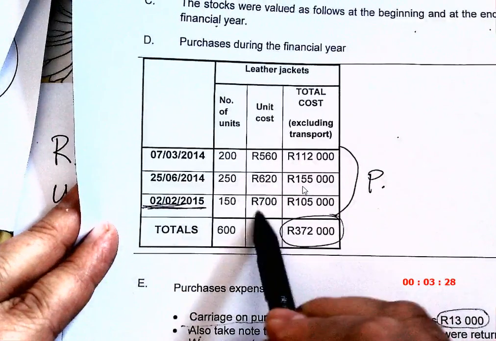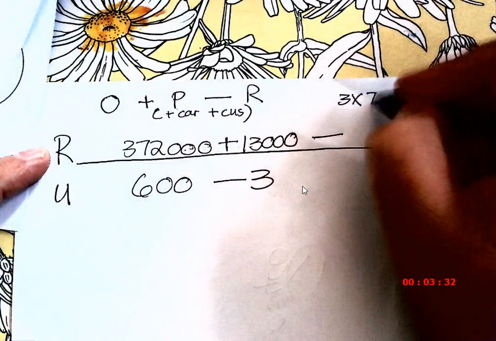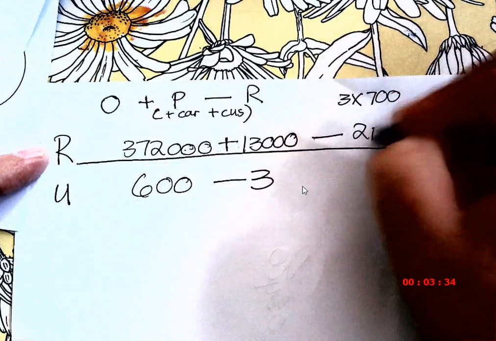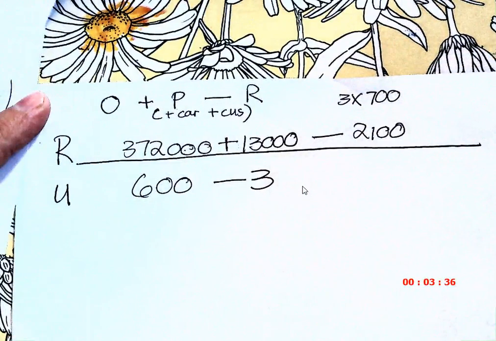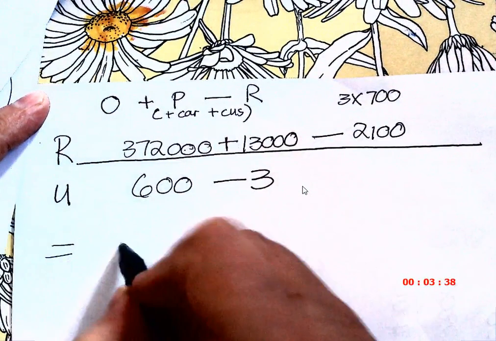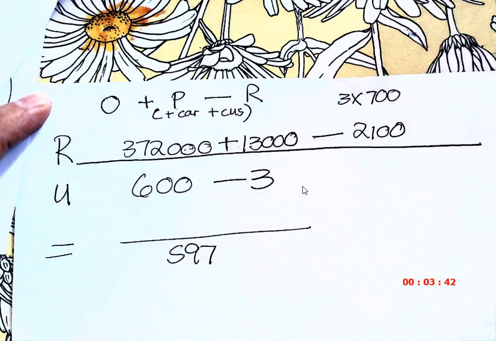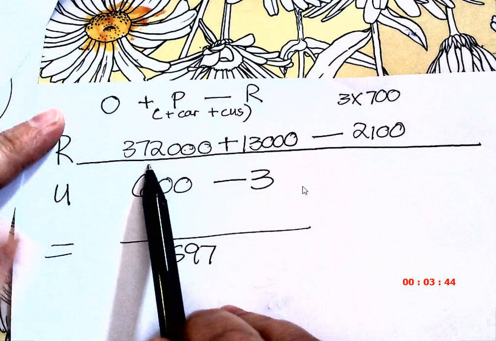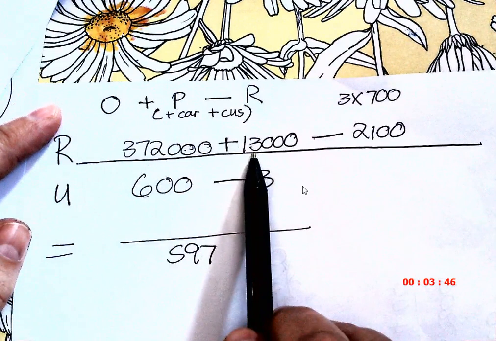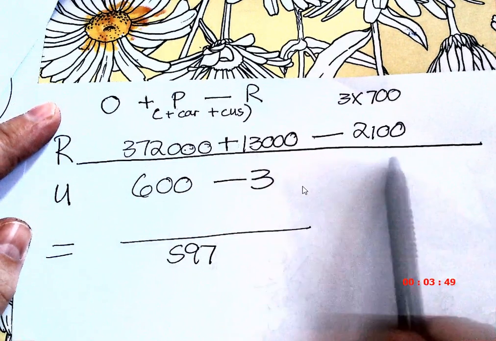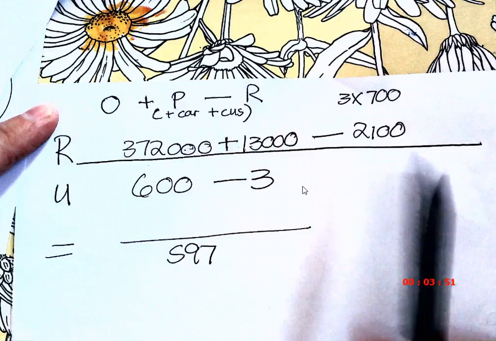So the unit cost was 700. So 3 times 700 gives me 21. Okay. So I'll do the bottom, you do the top. What is that? 372 plus 13 gives me 385. Less 21 gives me 38.